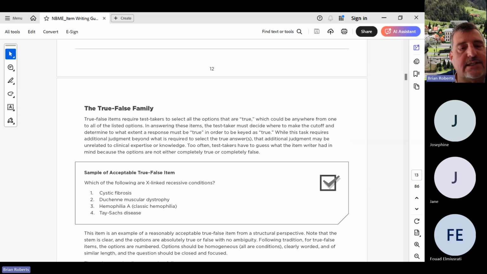We know that that's X-linked. The way these questions are written, you go through the distractors and answer, is this correct or incorrect? It's basically four true false statements. Cystic fibrosis is X-linked recessive, true or false? Muscular dystrophy, X-linked, true or false? So that's kind of how those work.